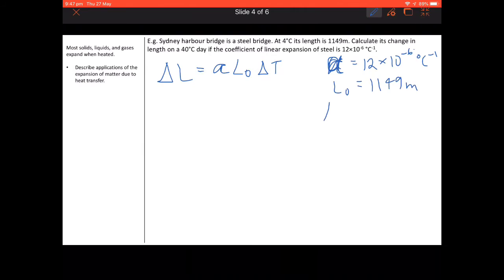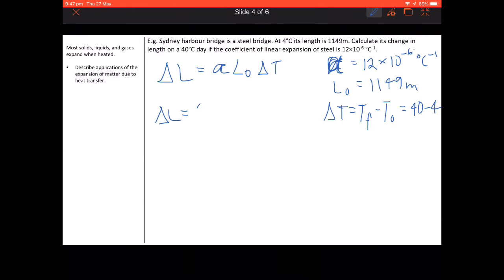Our change in temperature is going to be equal to final temp minus the original temp, so that will be 40 degrees minus 4. Plug all of that into our rule.